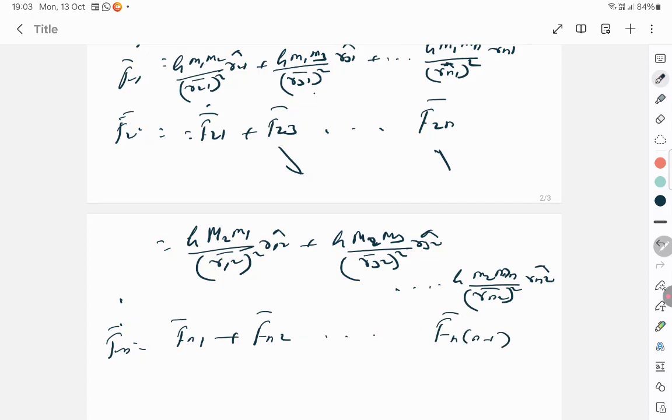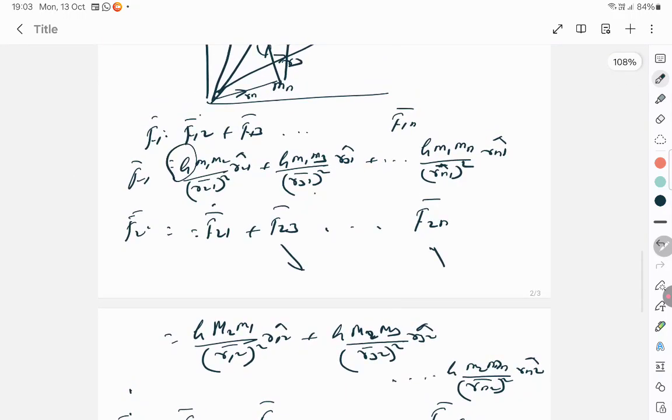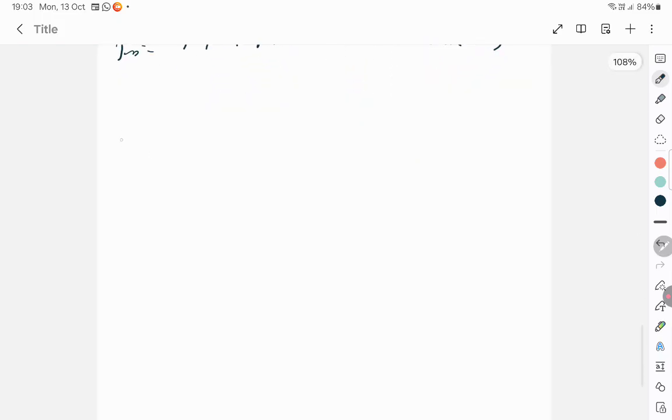When you substitute all these values, you will see that everything has G, and everything will have M1 M2. So I'm going to add all these forces, F1 plus F2 plus dot dot dot Fn, where I'll have G. M1 M2 I'll write as MA into MB, because it can be 1 2, 2 3, 3 4, whatever. A can be 1, B can be 2, B can be 3.